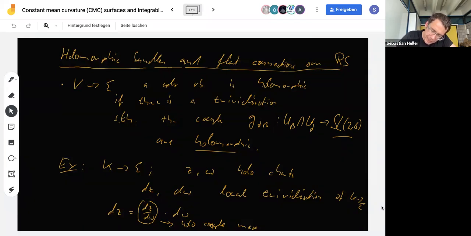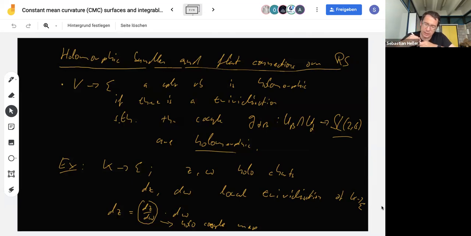A section is holomorphic if in these trivializations, for which the cocycle maps are holomorphic, the section is a holomorphic map into the trivial bundle C^n. So it's just given locally in the trivialization by holomorphic functions.